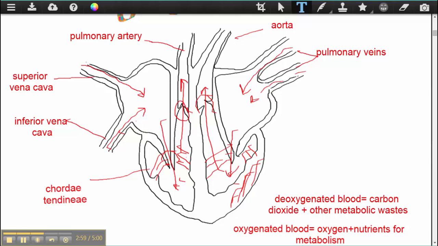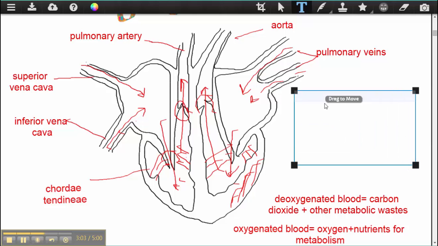What I have just explained is called double circulation.